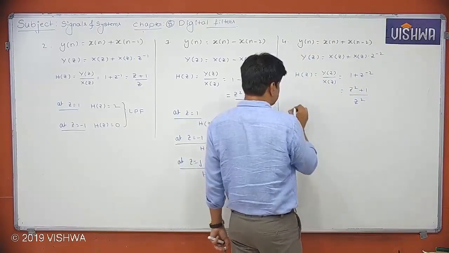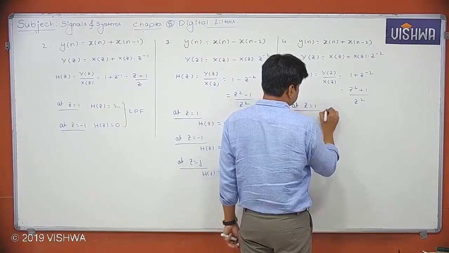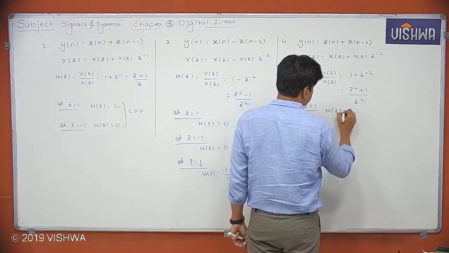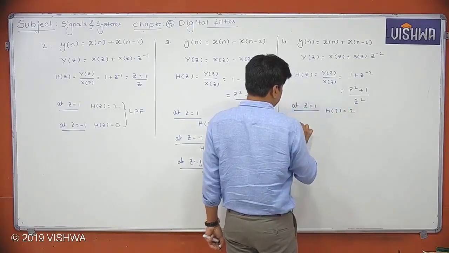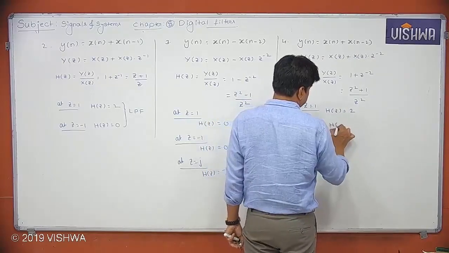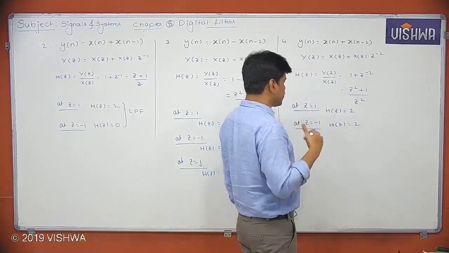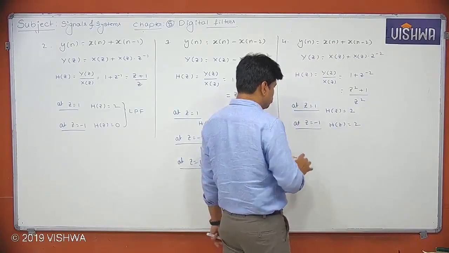So at z is equal to 1, what is H of z? That is 2. At z is equal to minus 1, what is H of z? That is also 2. So at low frequencies and high frequencies, both are allowed. What about at mid frequency?